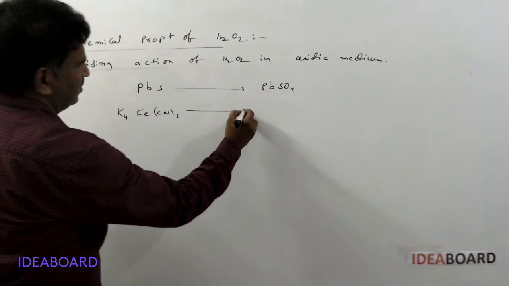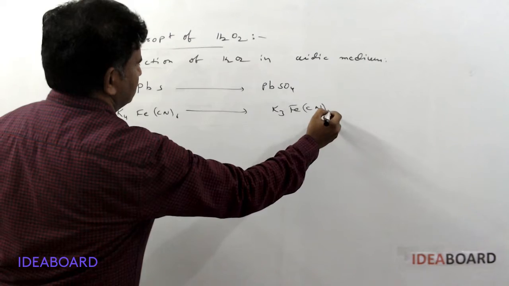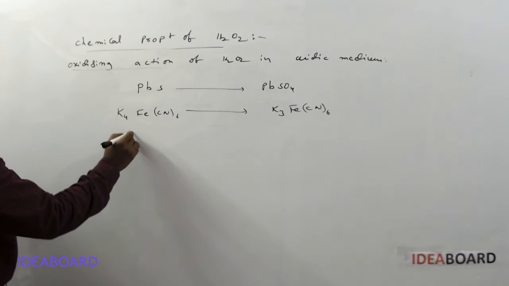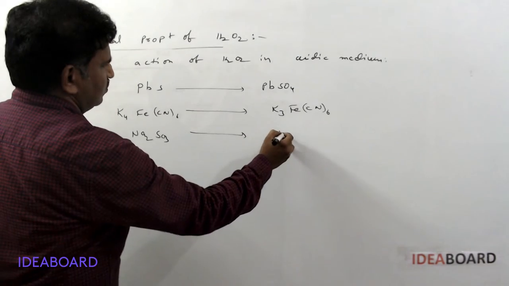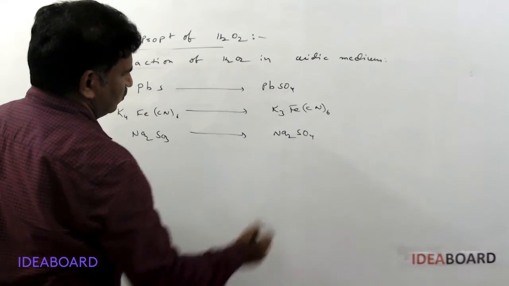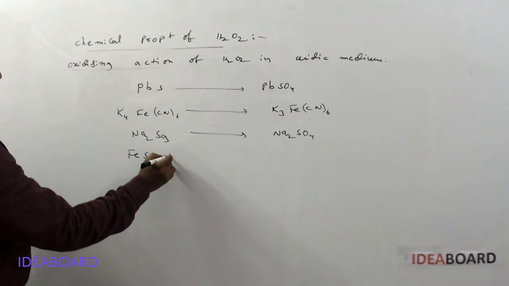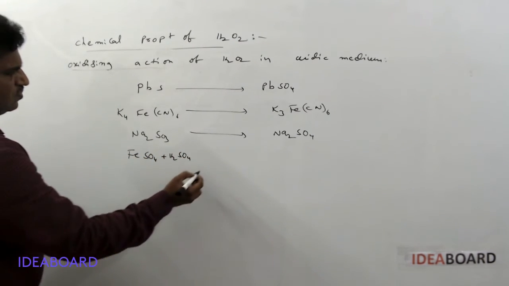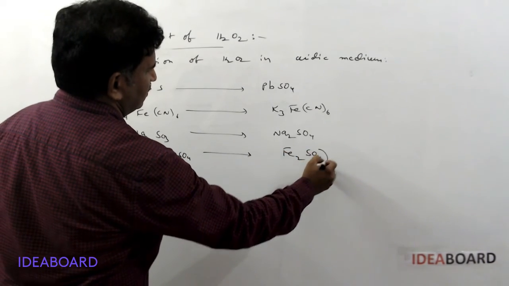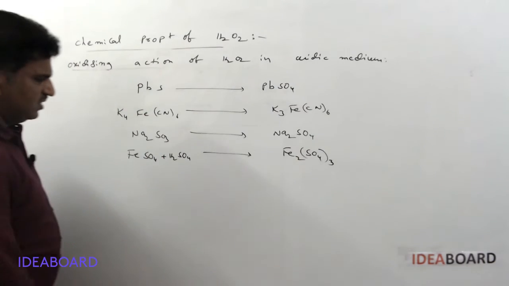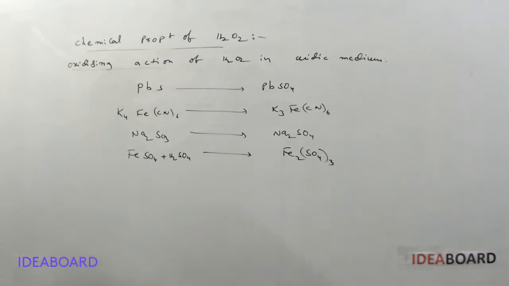Next, K4[Fe(CN)6] is converted to K3[Fe(CN)6]. Na2SO3 is converted to Na2SO4. FeSO4 plus sulfuric acid is converted to Fe2(SO4)3, meaning ferrous sulfate is converted to ferric sulfate.